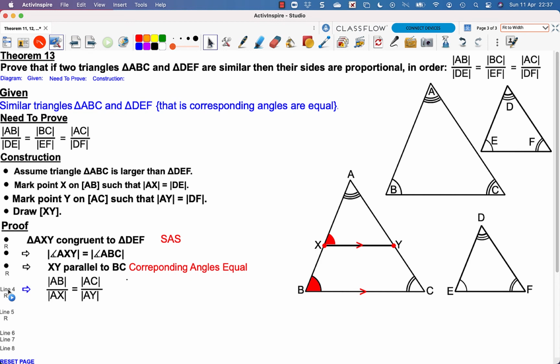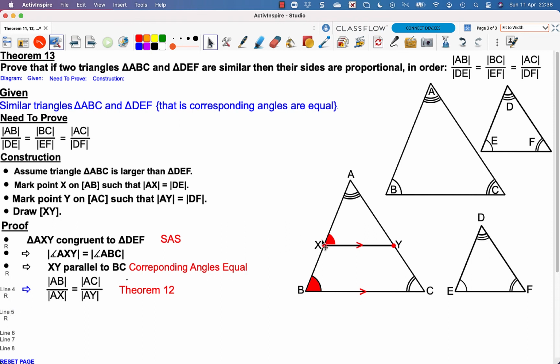So therefore, we can now say that the ratio of corresponding sides on the left-hand side to the right-hand side are going to be equal no matter what combination we do it in. So we've got AB divided by AX must be AC divided by AY, and that is as a result of us proving Theorem 12. Now, what else do we know?